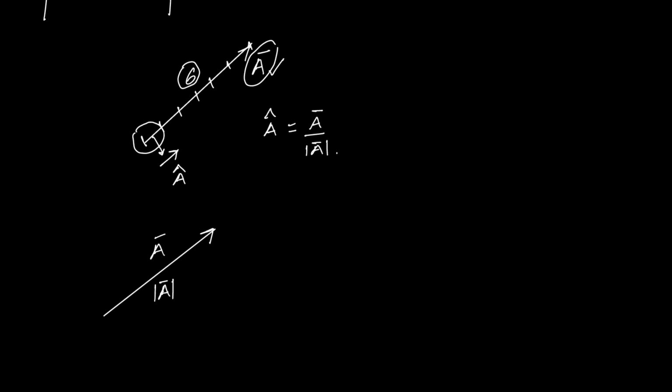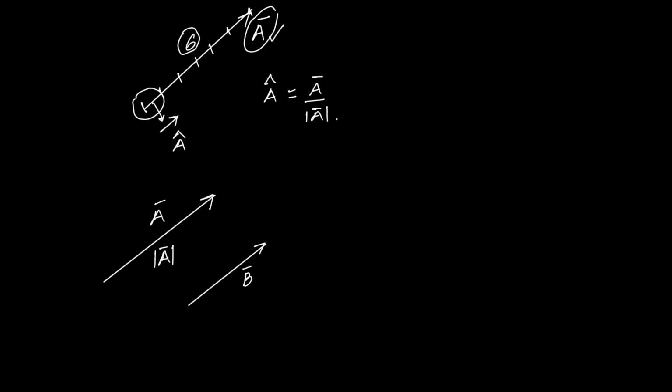And suppose we have to write another vector, b, but the modulus of b is different from that of a, and b is parallel to a. So we need a vector b which is parallel to a in the same direction, but its modulus is different. So how to find b? Suppose the vector b has a modulus mod b.